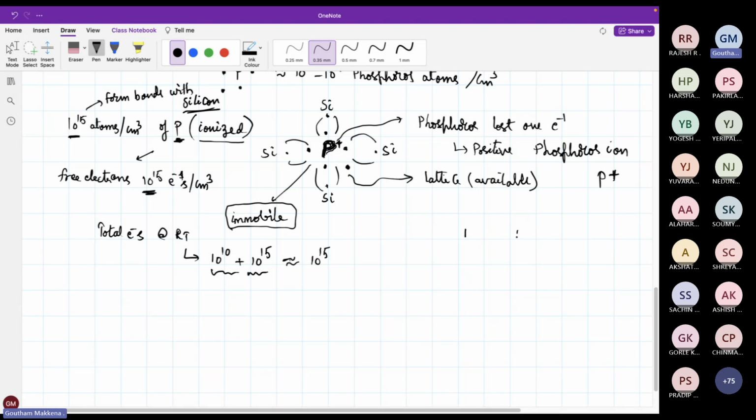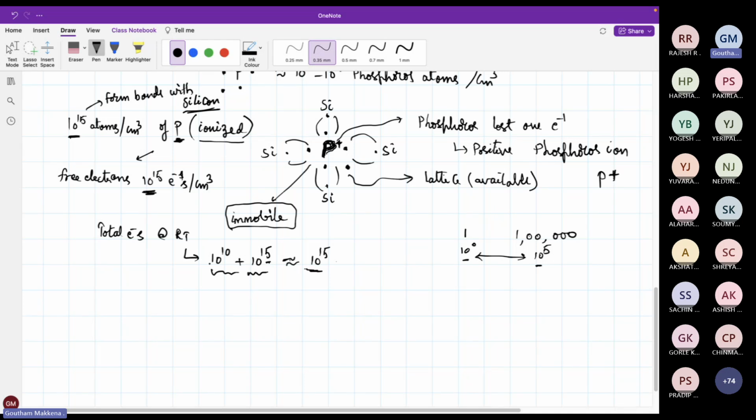See, I have 1 rupee, I have 1 lakh rupees, 10 power 0 and 10 power 5. Usually we don't say that I have 1 lakh 1 rupee, so we nicely approximate it with the higher order of magnitude.